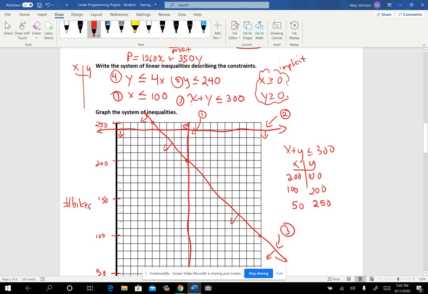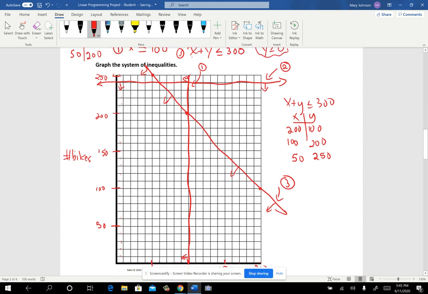I might just pick some things like if X were 10, then y would have to be less than or equal to 40. And I'm doing the equals to get the boundary, really. Okay, if x were 50, then y would equal 4 times 50, which would be 200. It's going to be a line, so let's get that line sketched.